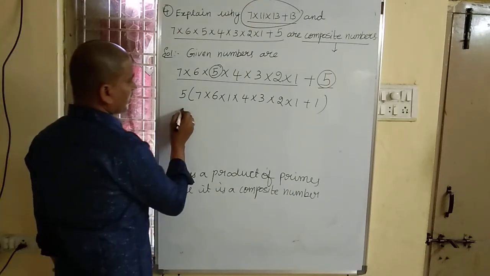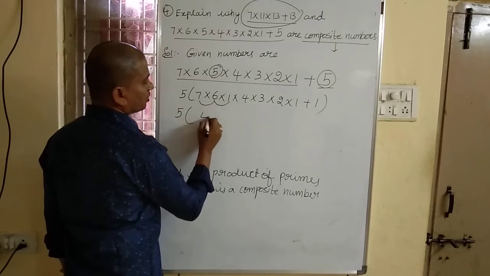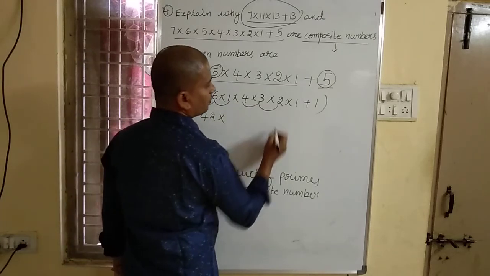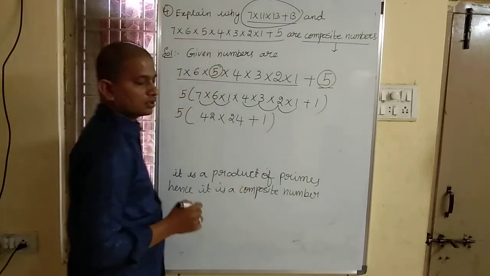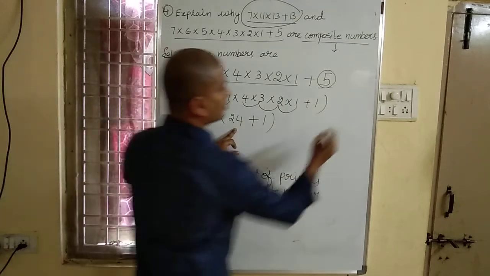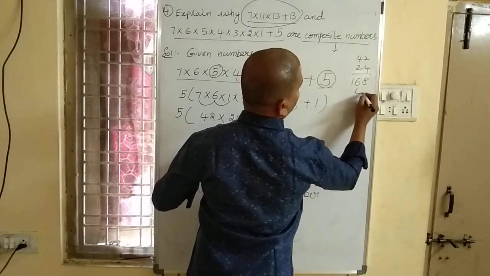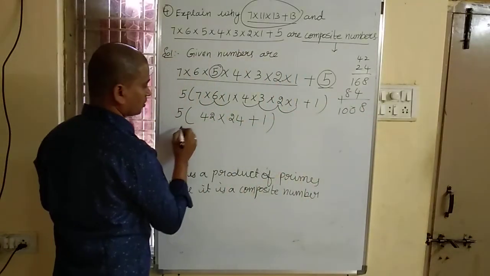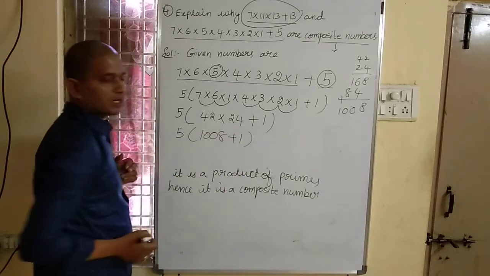Right? So 5 into, 7 times 6 is 42, 42 times 1 is 42, 4 times 3 is 12, 12 times 2 is 24, 24 times 1 is 24, plus 1. So what is 42 into 24? 4 twos are 8, 4 fours are 16, 2 twos are 4, 2 fours are 8, which is equal to 1008.